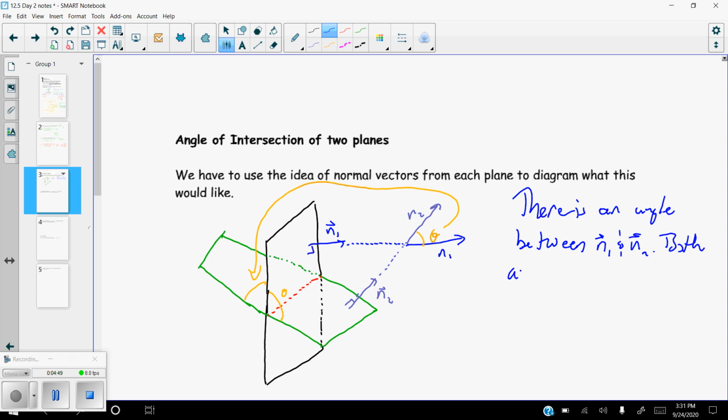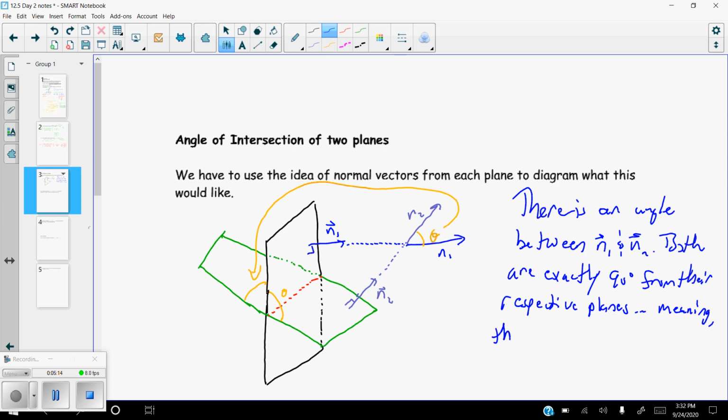Both are exactly 90 degrees from their respective planes, meaning the angle between them is equal to the angle between the planes.